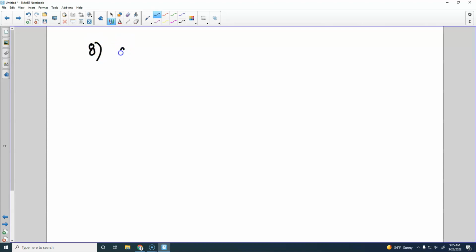We know cosecant of theta equals 6, which I'm going to write as 6 over 1. And they're asking us about tangent here. So if we draw our triangle, cosecant is the reciprocal of sine, so it is hypotenuse over opposite.